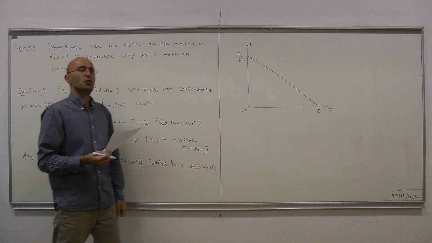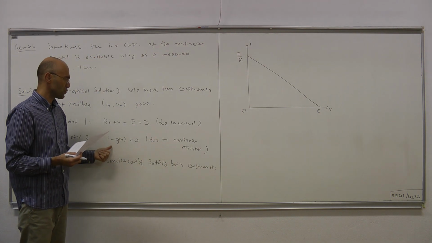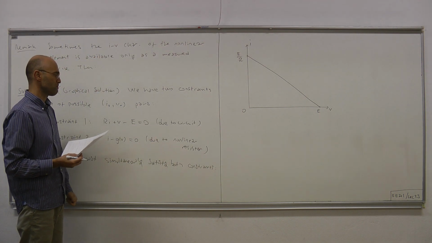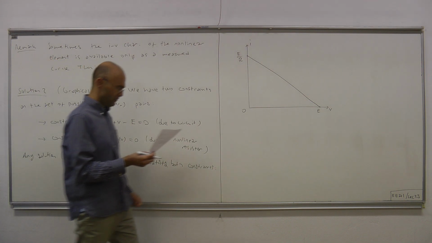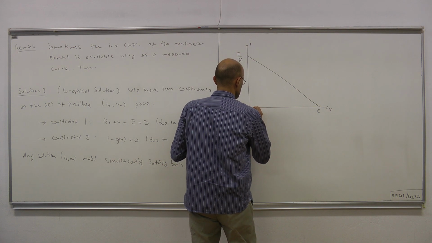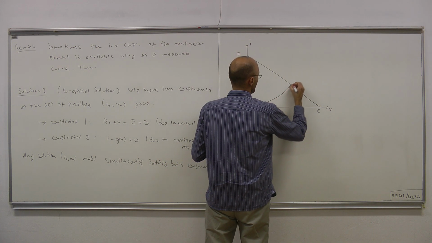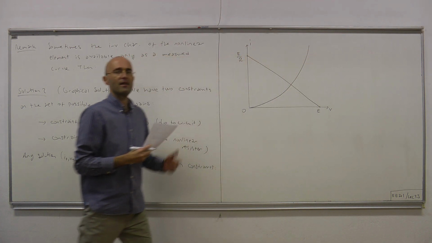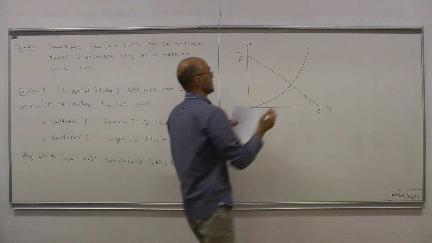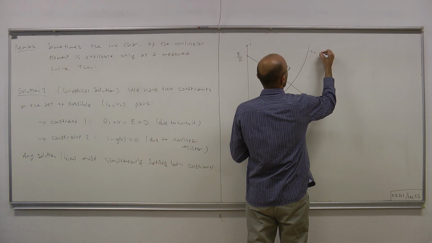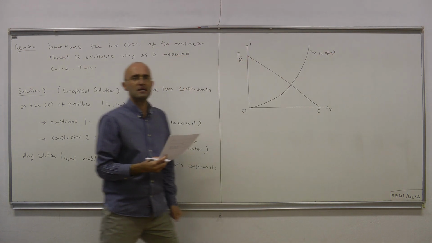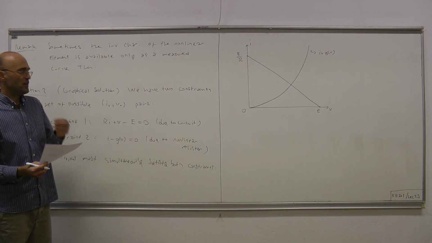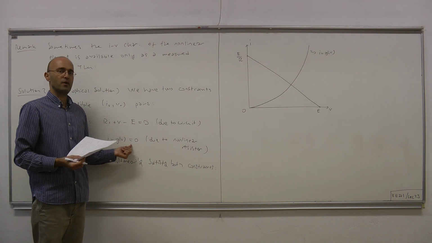Clearly, that's not the only constraint. We also have the constraint due to the determining equation of the nonlinear resistor. Suppose it looks something like this, and this is the curve I equals g(V), and this curve describes the set of points that satisfy the second constraint.